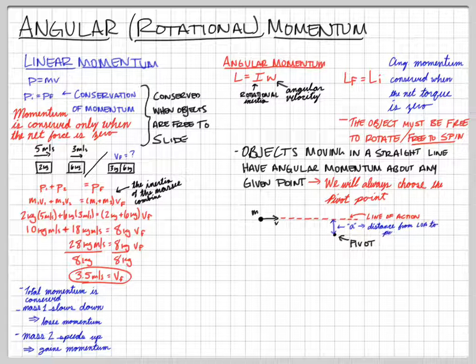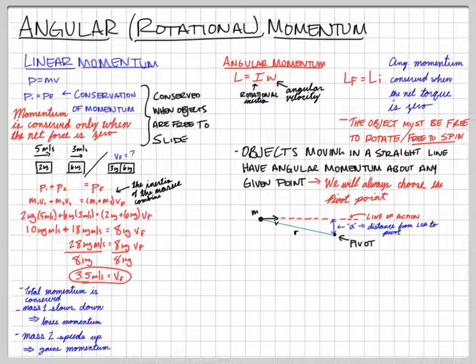What we're going to do is say that our line of action is a distance of a away from our pivot. It's the closest the line of action gets to the pivot. That's a very important distance, that a. That's the distance from the line of action, or LOA, to the pivot. And then the distance from the mass m to the pivot is r.